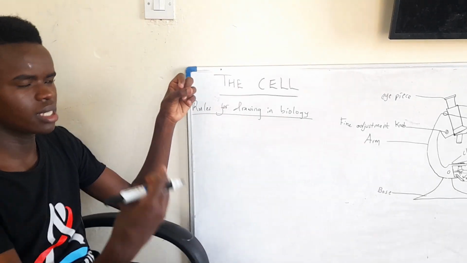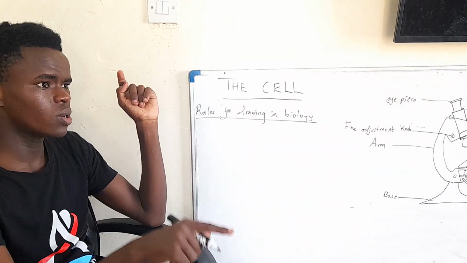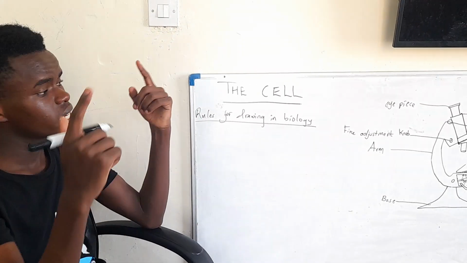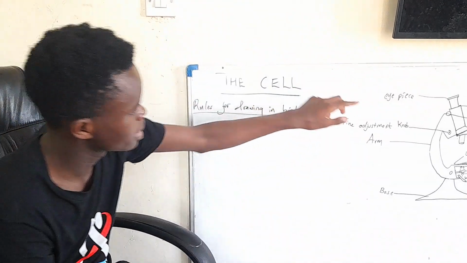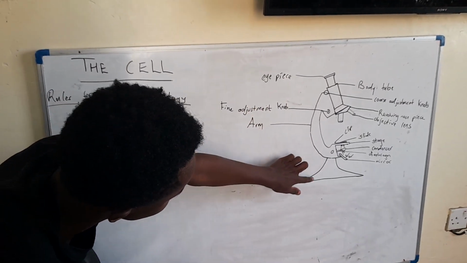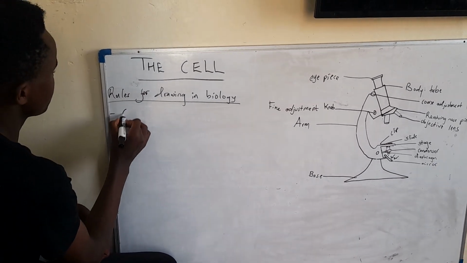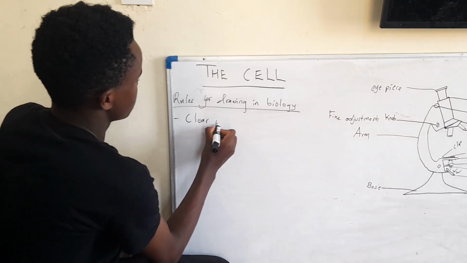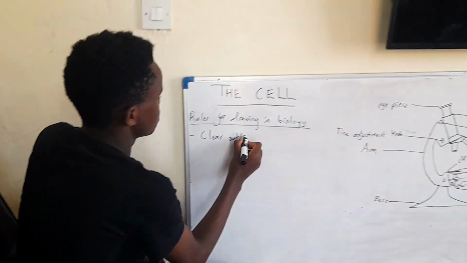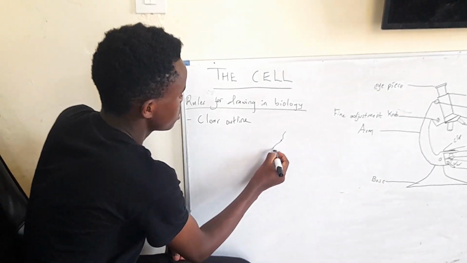The first rule, whenever you want to draw something in biology, maybe a cell as it appears under a light microscope: the cell, that outside membrane, must always have a clear outline. No stoppages. Don't draw like this, then stop, then continue.